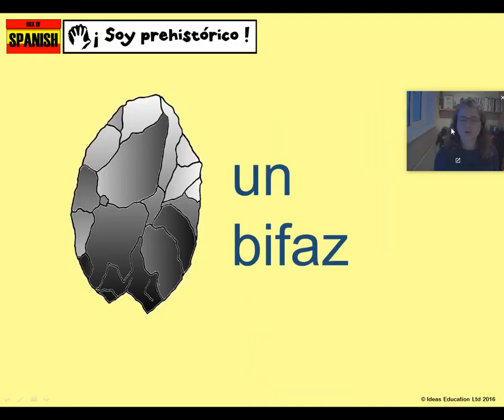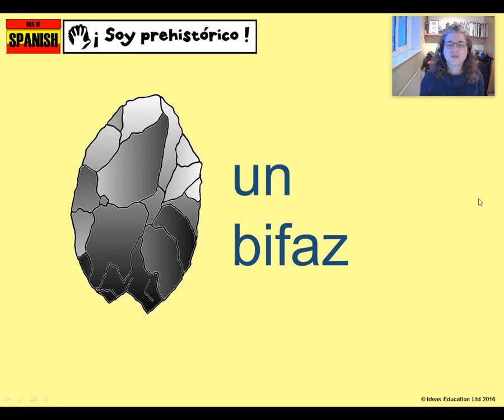Now, the next one, un bifaz, is the very first tool that Stone Age man learned to make. Un bifaz. It's called a hand axe, and it's hand size, and it's called a bifaz because it has two faces or two sides. So we know that bi is two, like in bicycle, having two wheels, and the faz part is face.